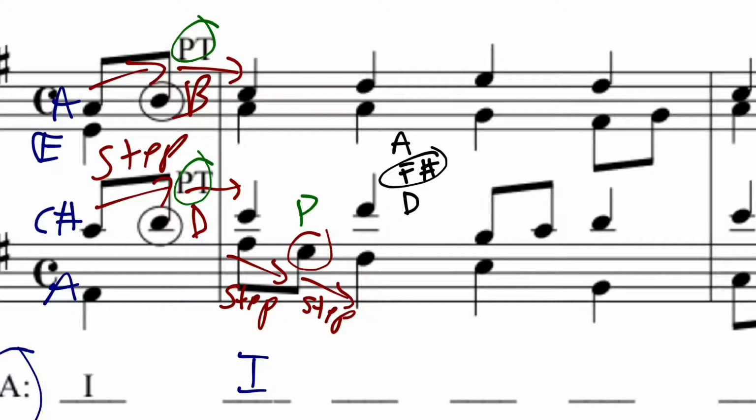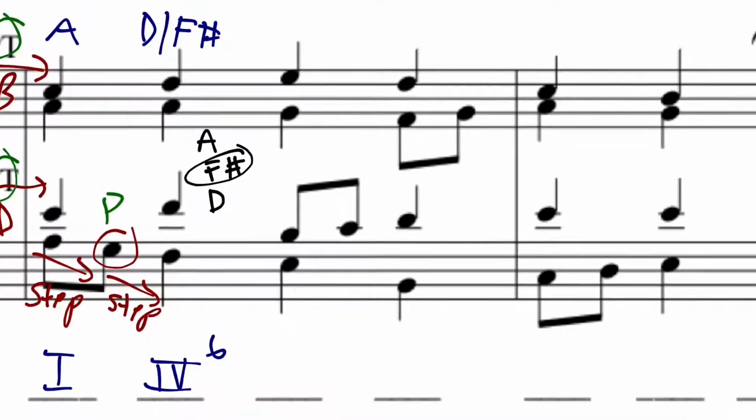So let's write this up here. A, and then this one is D chord, D slash F sharp. And that makes it, in the key of A, B, C, D, a 4 chord in first inversion. Any non-chord tones? Nah, everything's a chord tone.